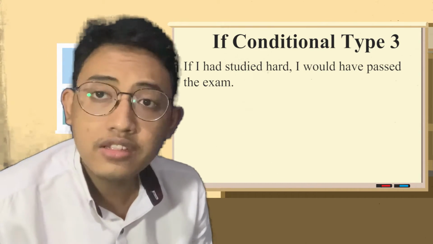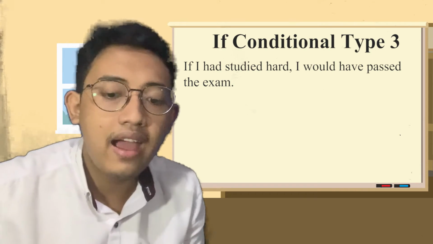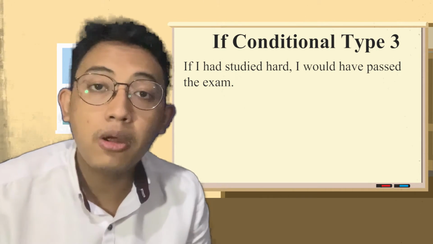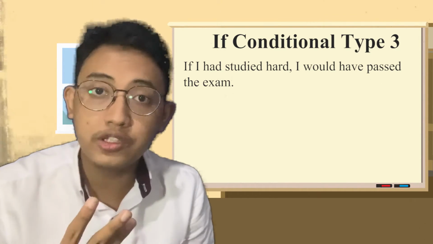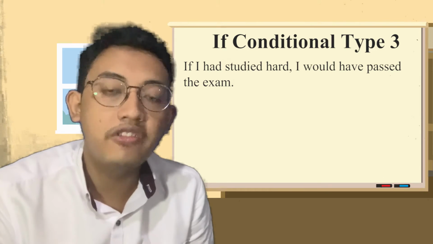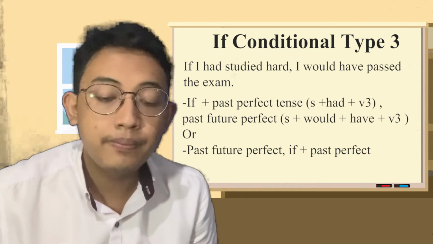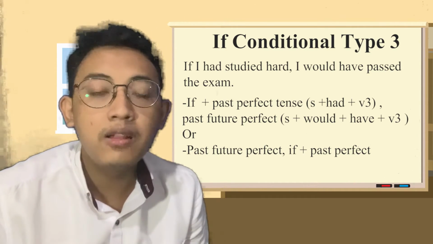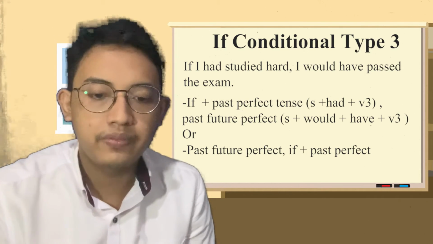Now let's focus on the sentence, if I had studied hard, I would have passed the exam. From the sentence, we know the pattern of if conditional type 3. The pattern of if conditional type 3 is if plus past perfect tense, followed by past future perfect.